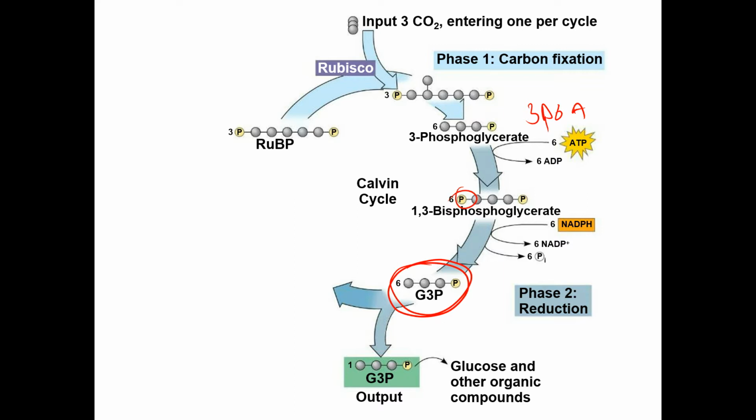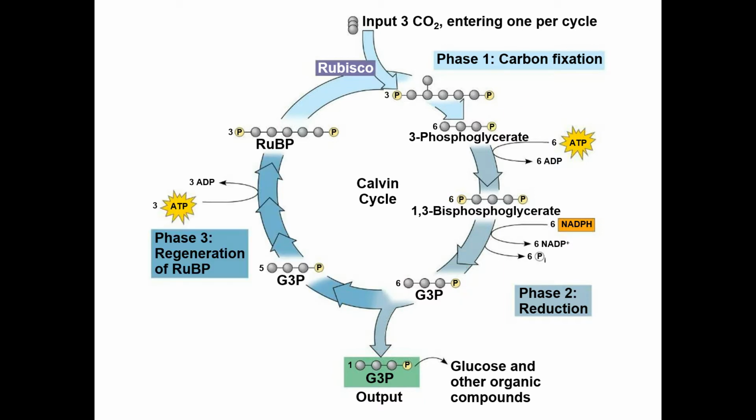Now, at the end of this process, for every 3 CO2 molecules that enter, you make 6 G3P molecules, so 6 3-carbon glyceraldehyde 3-phosphate molecules. One of those molecules can leave.